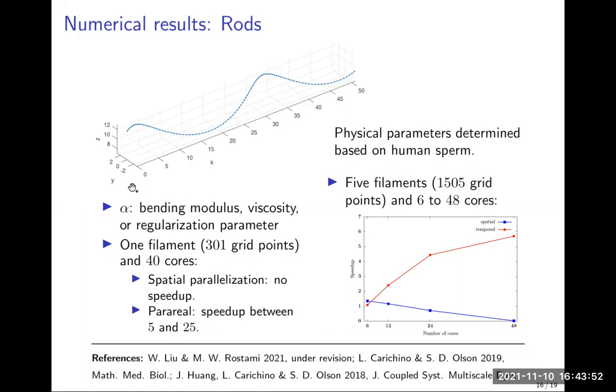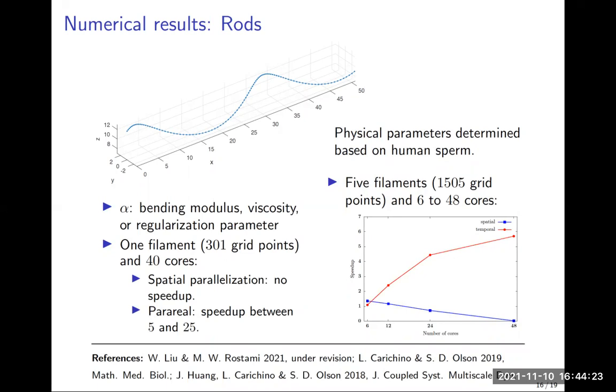And the physical parameters here are based on human sperm. We consider one filament, we use 300 grid points to discretize it and 40 cores. So you can see that this is an overkill, right? If you want to consider spatial parallelization, there's a lot of cores for not that many points. So in spatial parallelization, at least on our machine, in our implementation, we see no speed up.